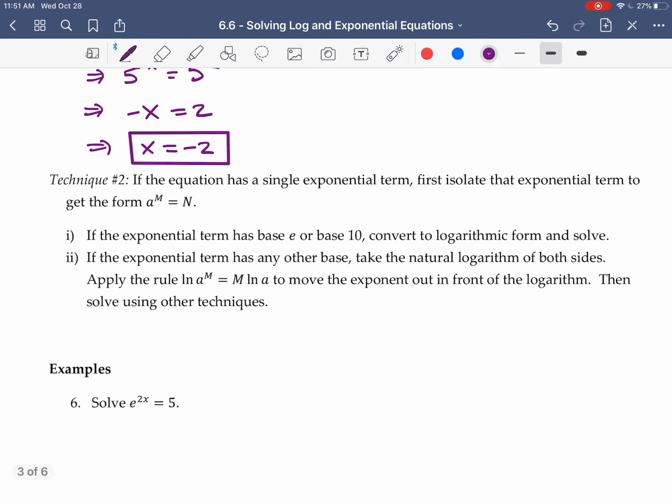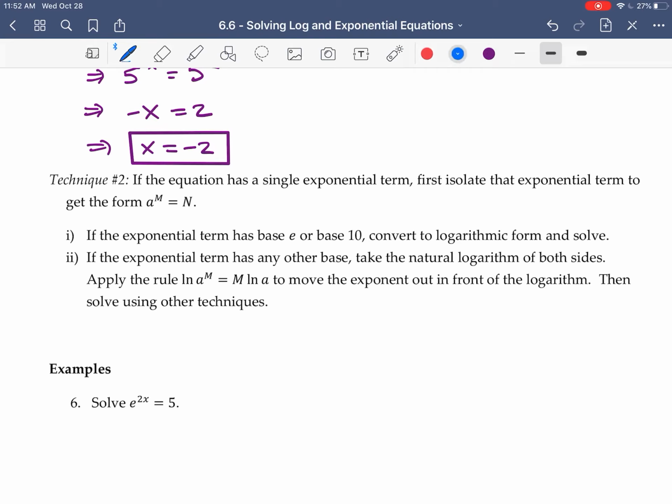But what if you only have a single exponential? Maybe I have some exponential equals some number. What you can do is isolate the exponential, so that you get something looking like this. Then if it has base e or base 10, we can use the equivalent.